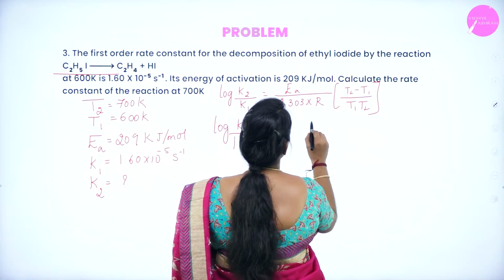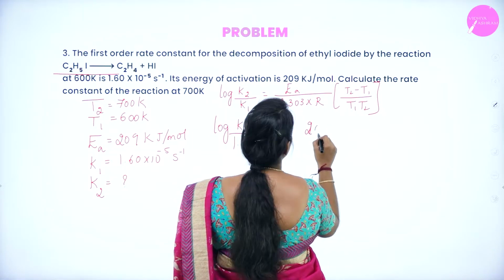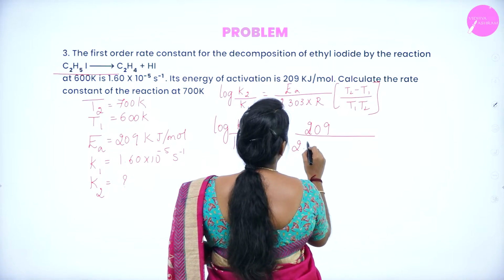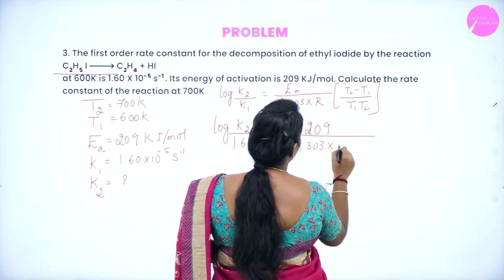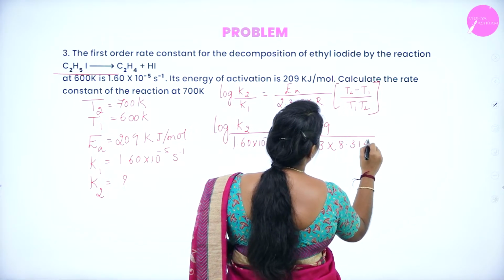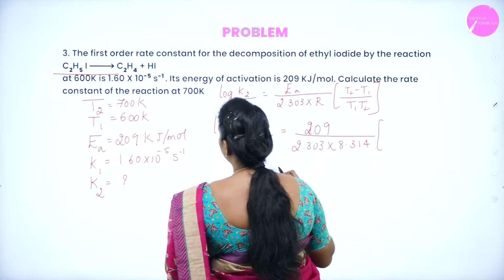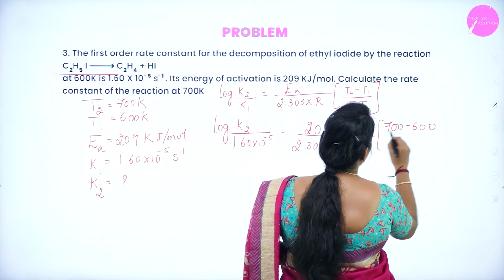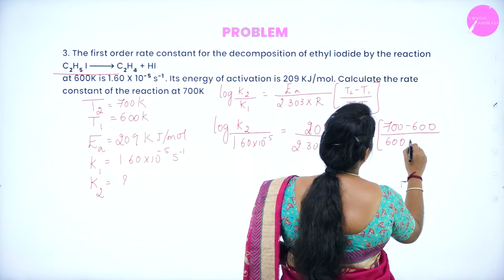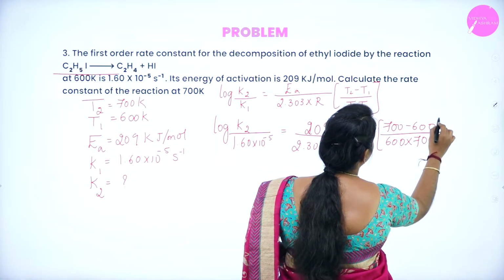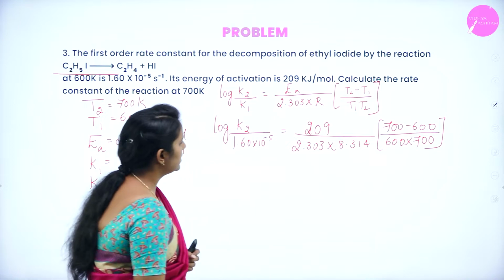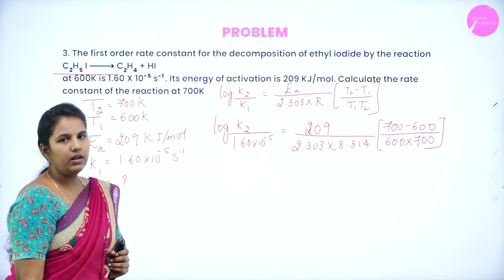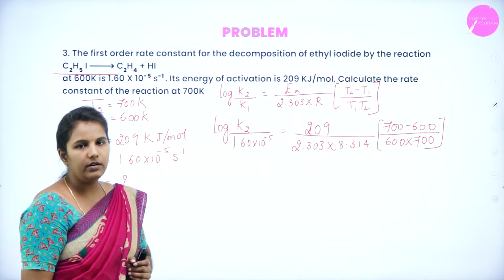EA value is 209 divided by 2.303 into 8.314 into, what is the T2 now? 700 minus 600 divided by 600 into 700. This is the first step where I am substituting the values of K1, EA, T1 and T2.